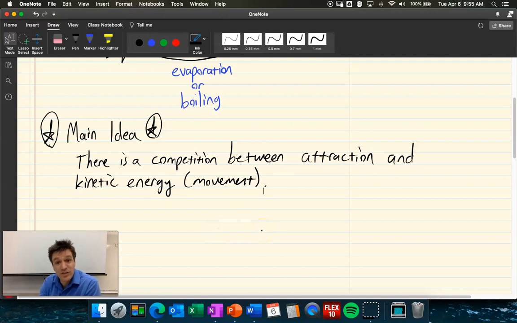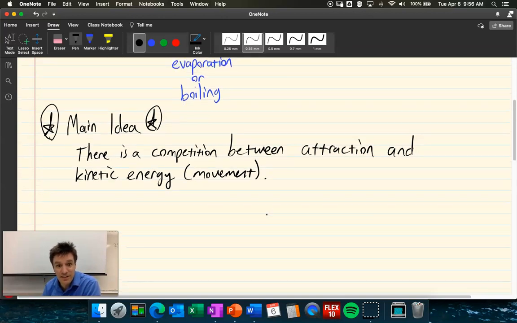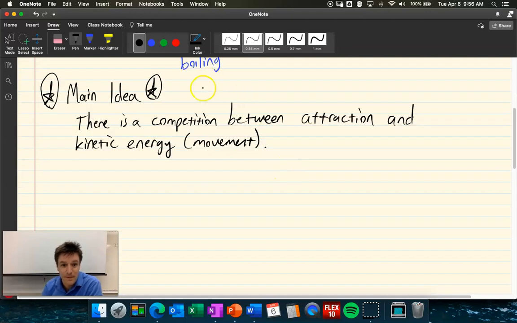In a solid, we know that the particles are stuck in place and they are moving, but the attraction between the particles in the solid is really strong. It holds those particles right where they are. In a gas, particles are moving all over. Obviously, they have much more kinetic energy than that attractive force keeping them together, and so they can move all over the container. Now, when there's a change in that balance, then you get a phase change, okay? So there's a competition between attraction and kinetic energy.